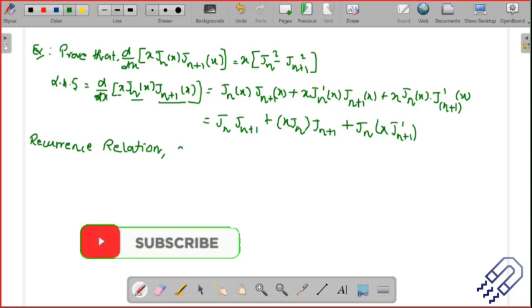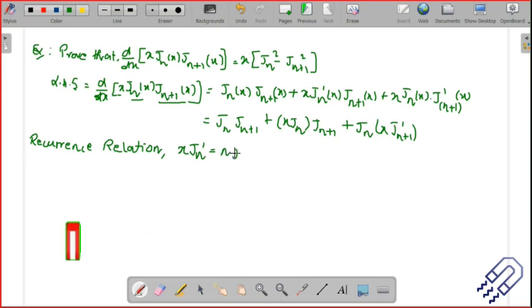Okay. One of the relations that we checked when we were doing our recurrence relation is n Jn minus x Jn+1, that is x Jn dash equals n Jn minus x Jn+1. And then we also had this relation: x Jn dash is equal to minus n Jn plus x Jn-1.